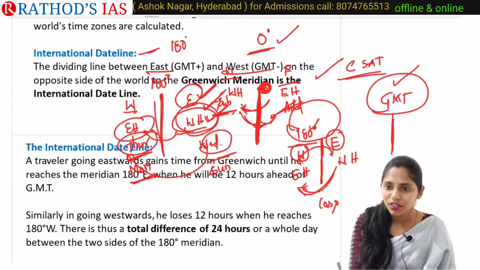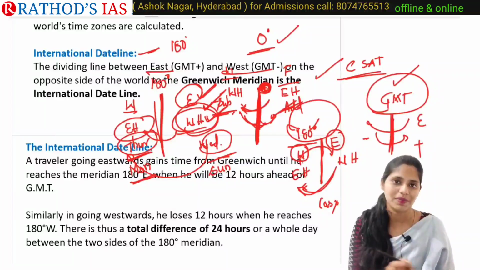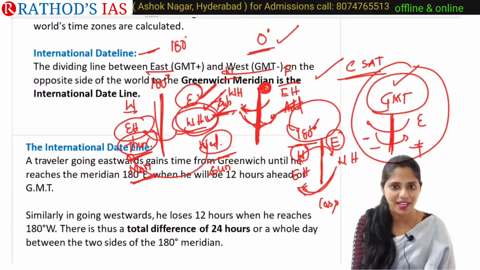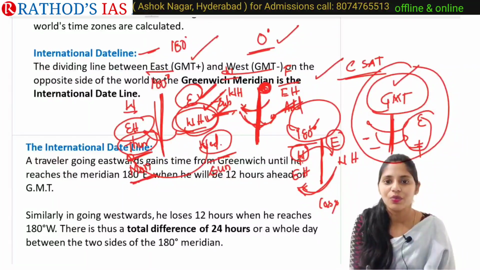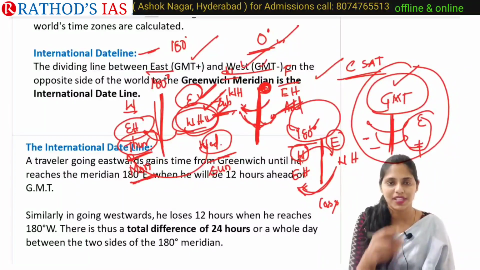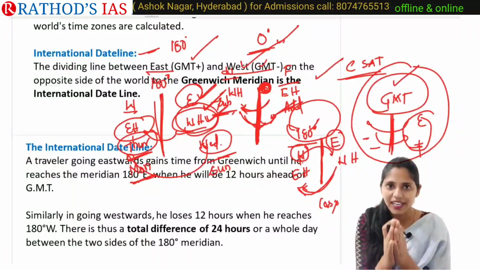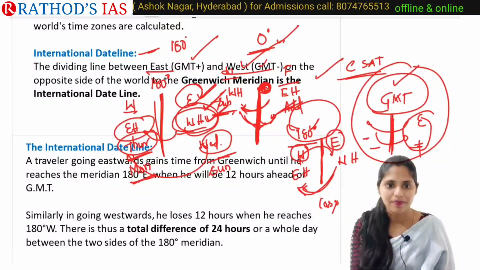If you are moving towards east, we need to add time, and if you are moving west, we need to subtract time. So this is our Greenwich Mean Time, GMT plus in the east and GMT minus in the west. And the date line is present between this east and west.